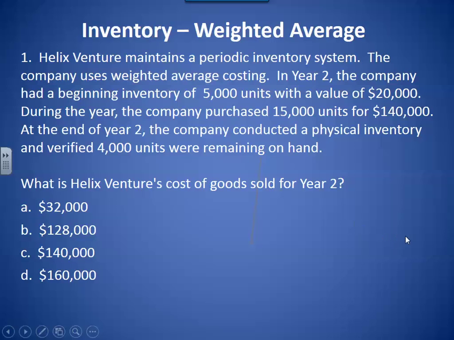So that's just a point. If the examiners decide to omit that first sentence, you could still work through it. And the question is, what is Helix Ventures cost of goods sold for year 2? So go ahead and consider your question and the answers and stop your video now.